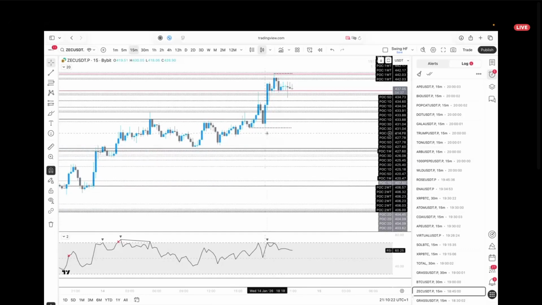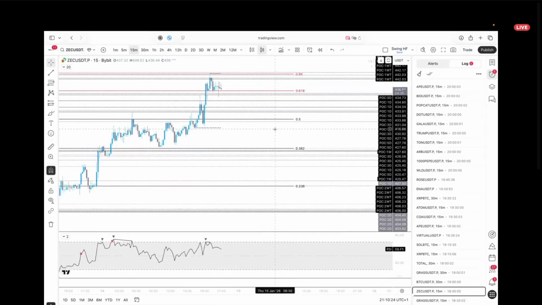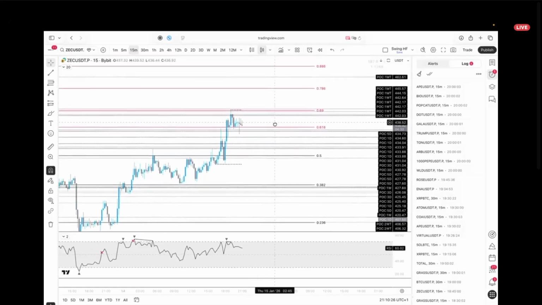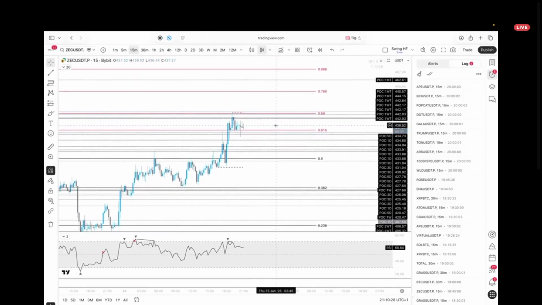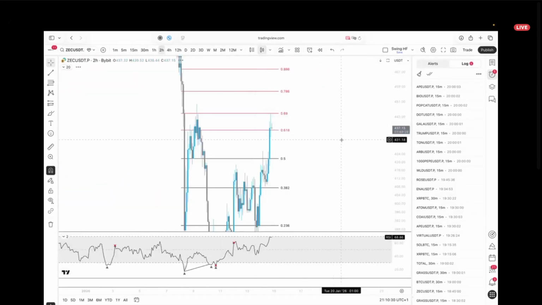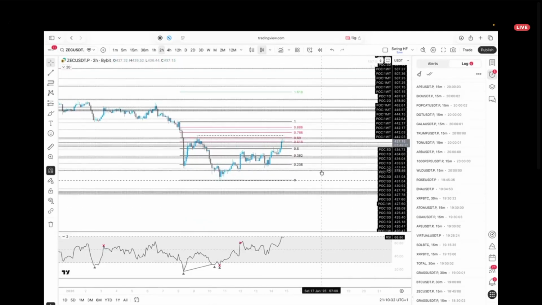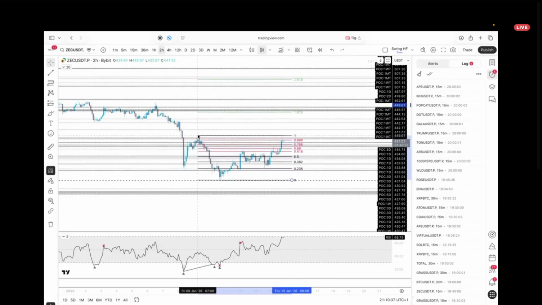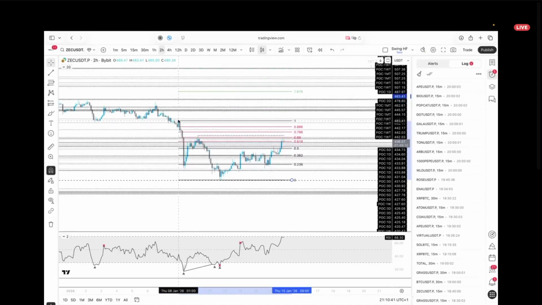Zach came into a very good area of interest for shorting, the first level of the golden pocket. Look from where, okay, this is the range we are in now. The correct one is this one, okay? But we touched the 0.86, so I go to the previous one. There is something like this. But it was too risky to take.